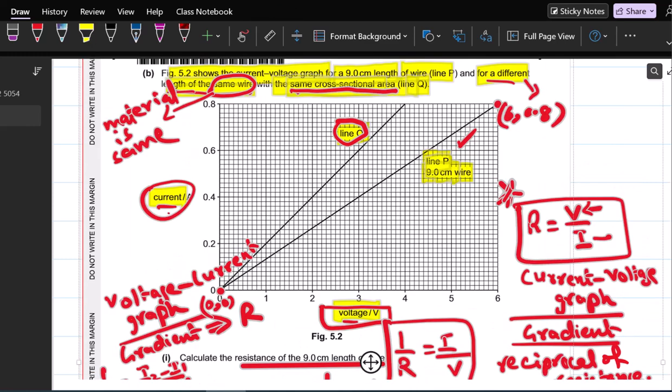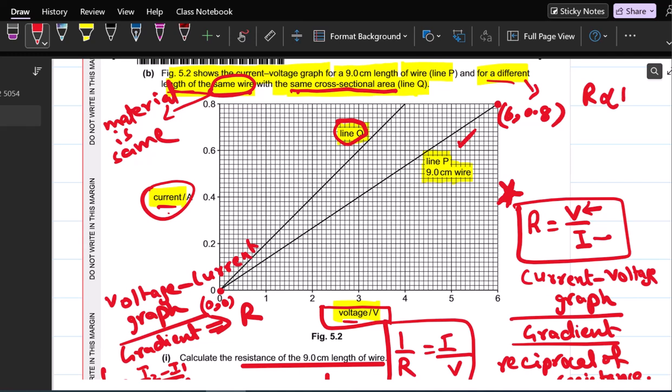It's very important what you have to do. You know resistance is directly proportional to length. Resistance is directly proportional to length. So you can see its gradient will be smaller.